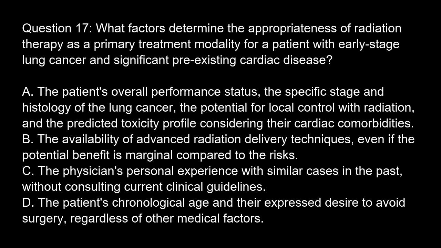Option B. The availability of advanced radiation delivery techniques, even if the potential benefit is marginal compared to the risks. Option C. The physician's personal experience with similar cases in the past, without consulting current clinical guidelines. Option D. The patient's chronological age and their expressed desire to avoid surgery, regardless of other medical factors.